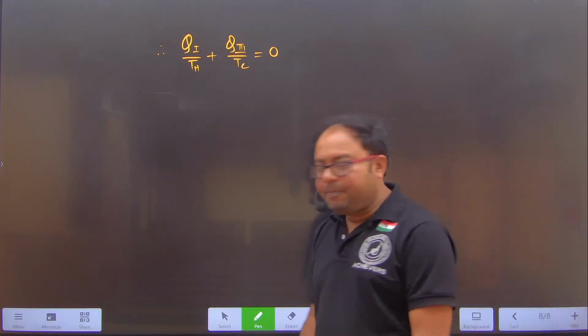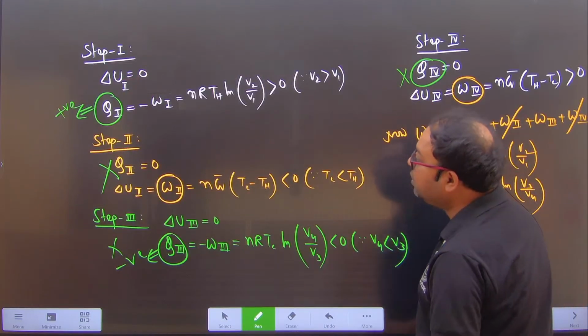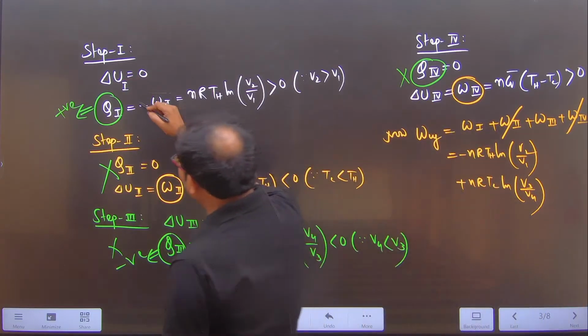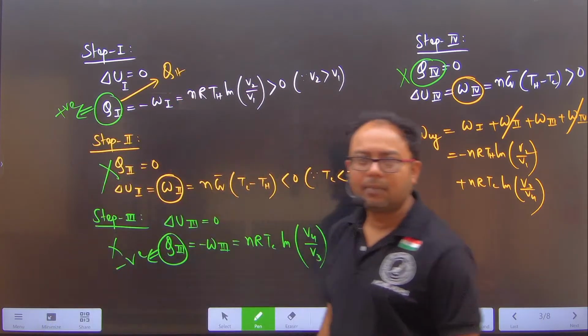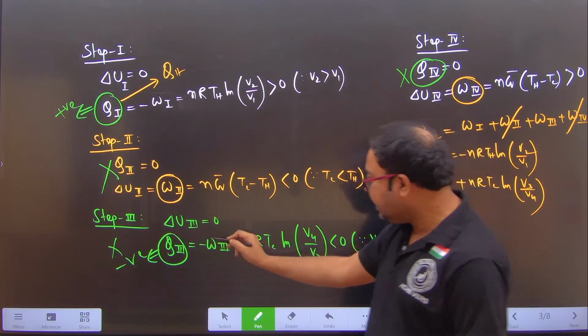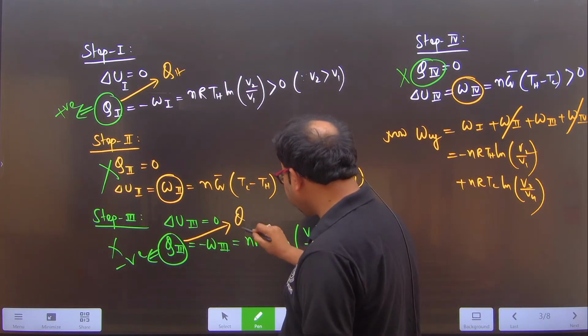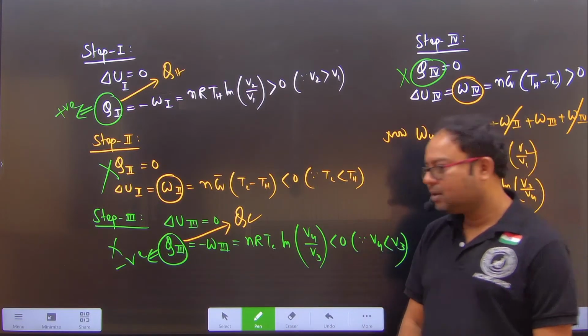Now from our previous calculations, we know that Q1 is positive, so Q1 is QH, and Q3 is negative, so Q3 is QC. We know these things.